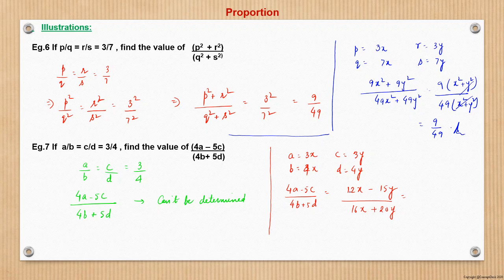If we take 3 common in the numerator, it is 4x minus 5y, and if I take 4 common in the denominator, it is 4x plus 5y.